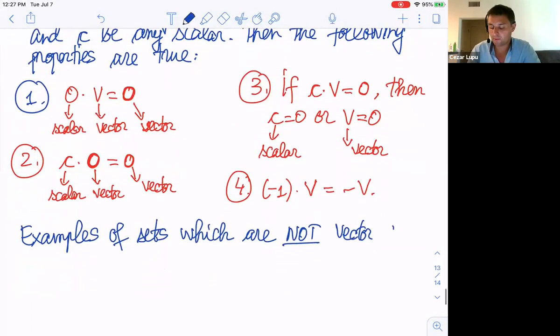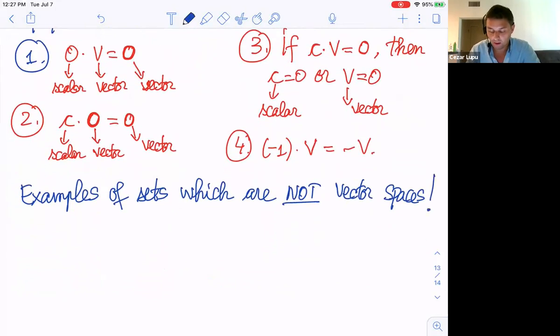And this is very important because I want you to see these kinds of examples as well. Because you can imagine at this point that basically almost everything is a vector space. Not quite.